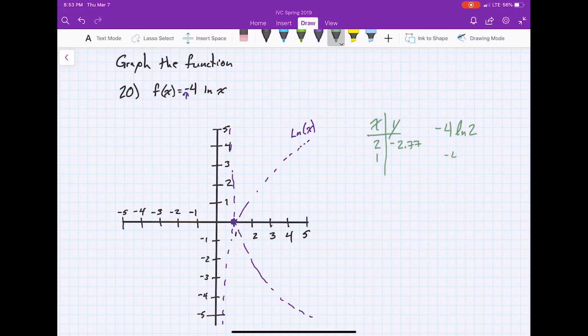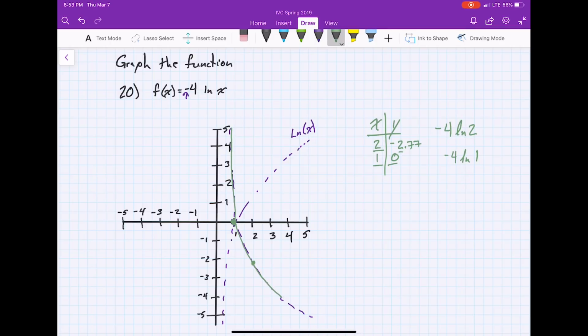I don't think we can get x equals 0. It would come out syntax error. And x equals 1 does, in fact, come out to be 0, which is the point we had before. So we're going to plot these two points. We've already got 1, 0 plotted, so we just need to plot 2 and negative 2.77, which is almost exactly where I already guessed it.